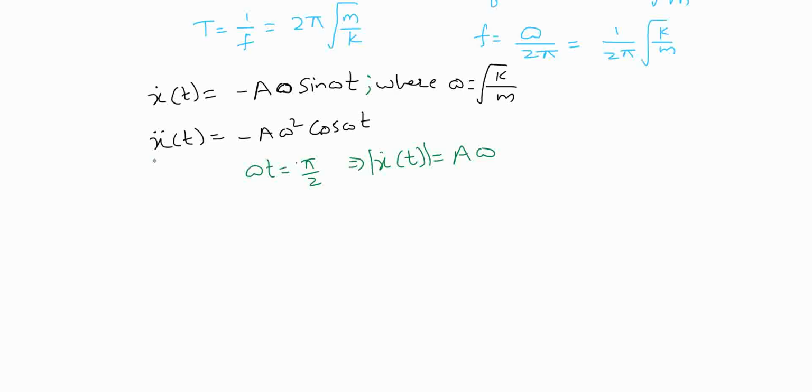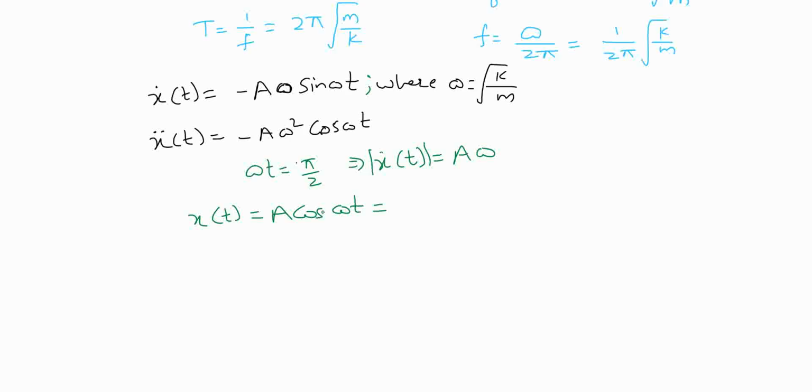So here sign doesn't matter because sign is just indicating the direction in which the velocity is happening, but whatever is the direction, the magnitude is what we are concerned with here. So that is A omega. Now when omega t equal to pi by 2, what will be the x of t? X of t expression, we know that it is A cos omega t.